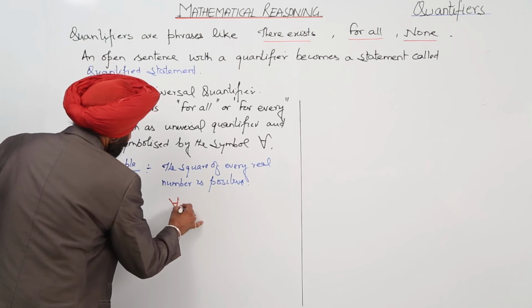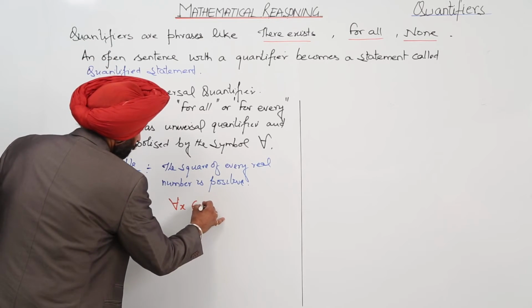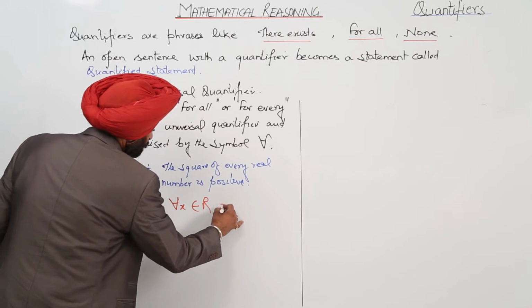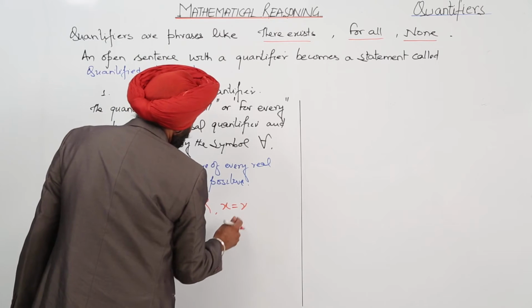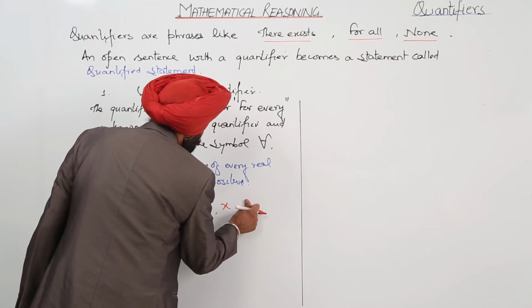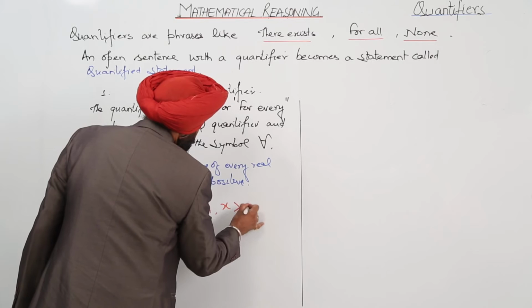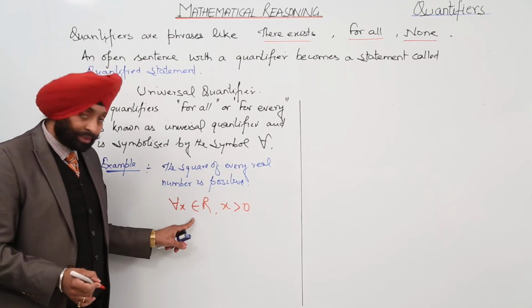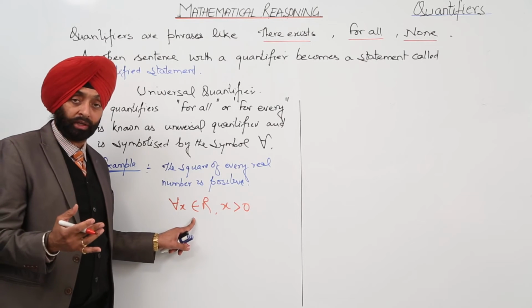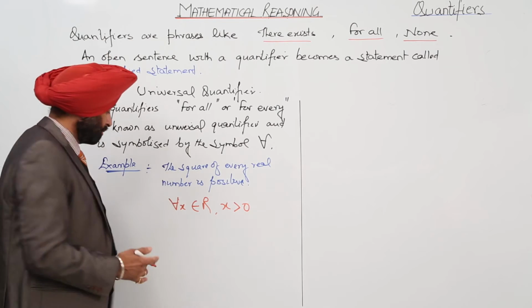We can write: for all x in real numbers such that x squared is greater than 0. Now I have not pronounced this part. Don't use belongs to here, use in.